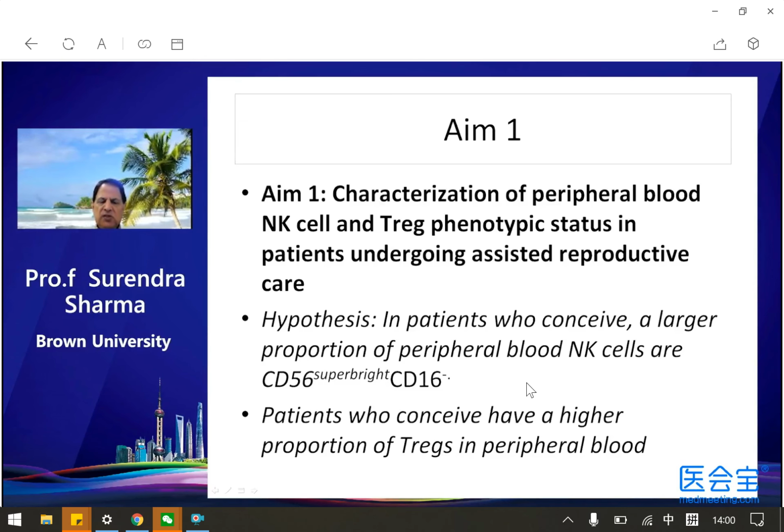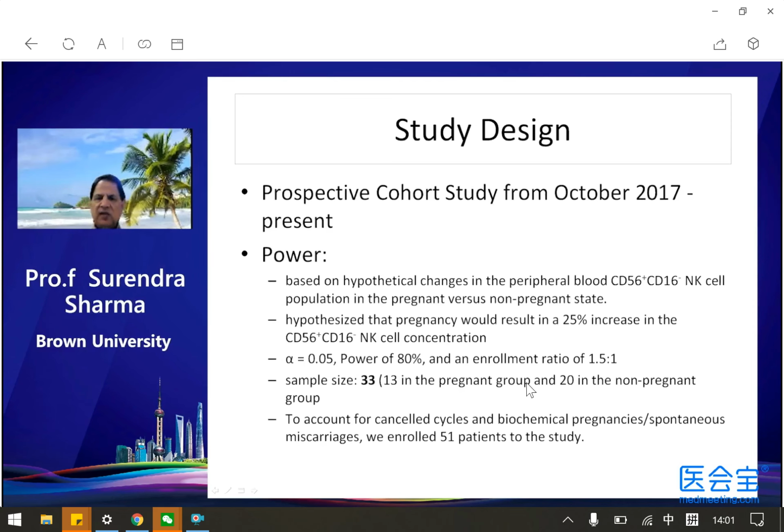Our hypothesis was that in patients who conceive, a larger proportion of peripheral blood NK cells are CD56 bright, super bright, and CD16 negative, and that patients who conceive have a higher proportion of Tregs in peripheral blood. This constituted our aim 1.